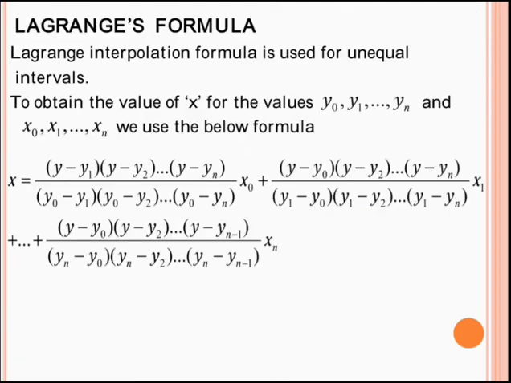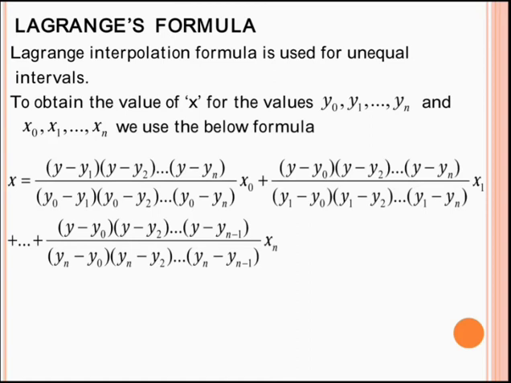So students, these 5 methods, Newton's forward, Newton's backward, Gauss forward, Gauss backward and Stirling formula, are used for equal interval, that is when the values of x are at equal intervals. Now we will take one method which is used for unequal interval.